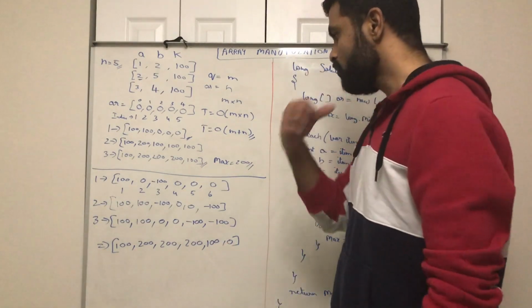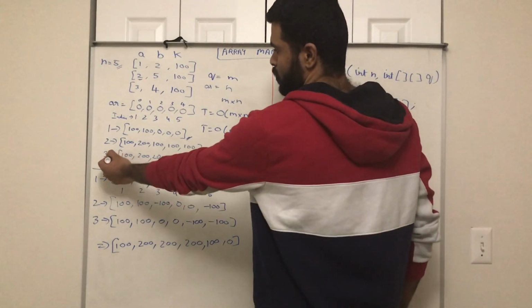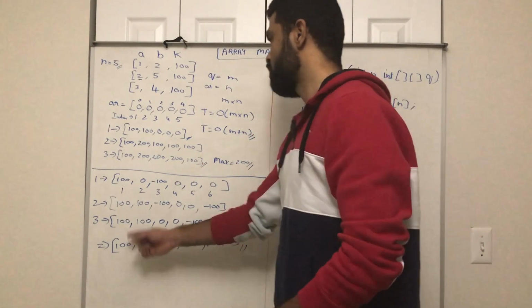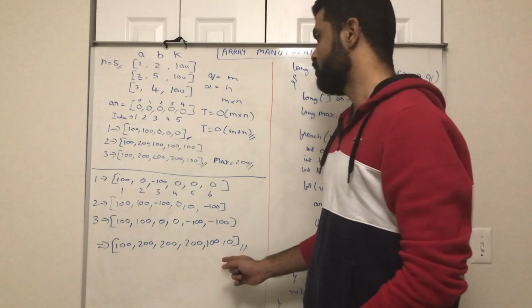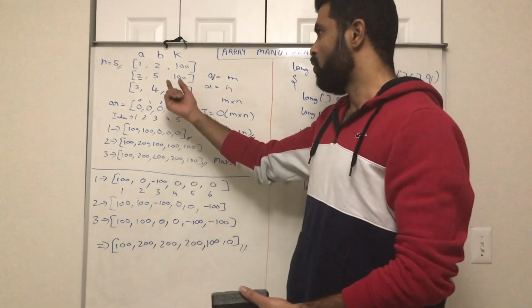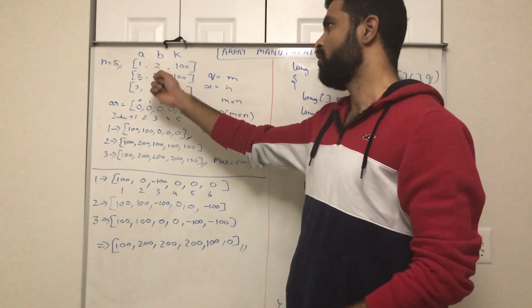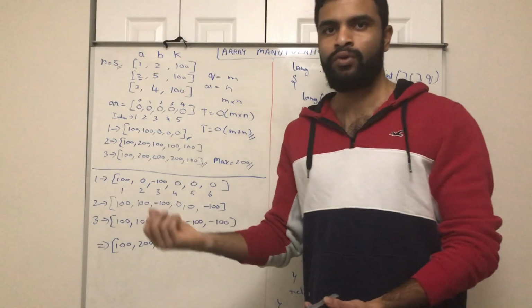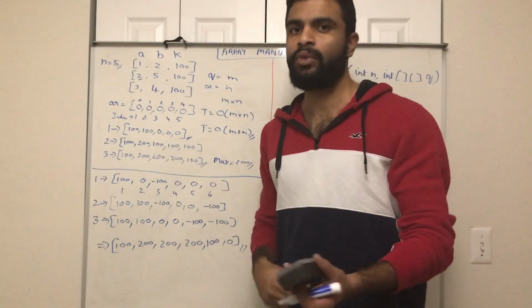Okay. So if you see, this output array and this output array are similar: 100, 200, 200, 200 and 100. The last one, as I said, I added this element only to avoid this scenario, like when b is 5, when b is equal to the length of the array, then I have to subtract k value at b plus 1.